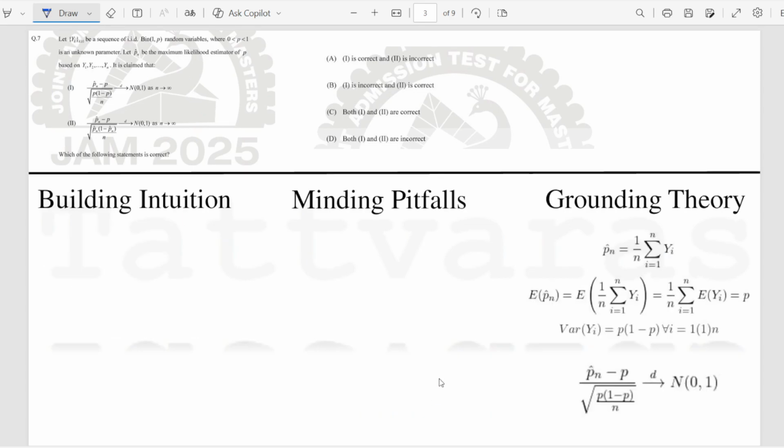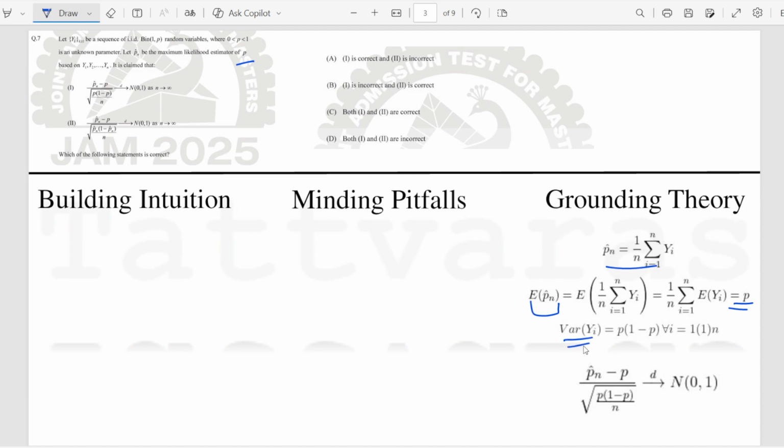Okay, starting with the theory. It's pretty standard that when the distribution is binomial or Bernoulli, then the maximum likelihood estimator of the parameter p is going to be the sample mean. And we see that the setup is IID. The expectation of this maximum likelihood estimator is the same as the parameter.